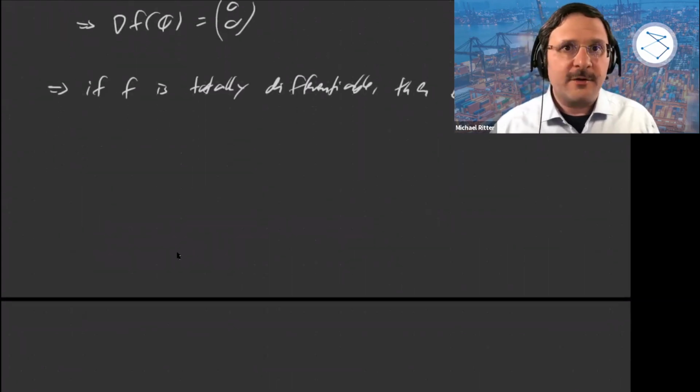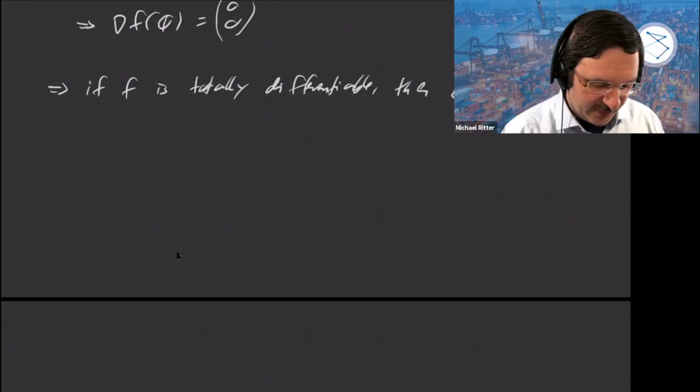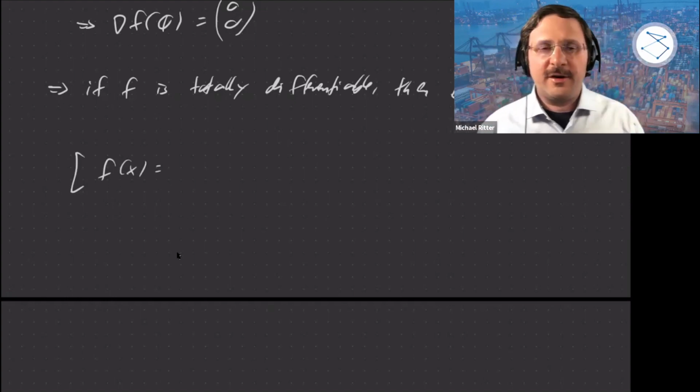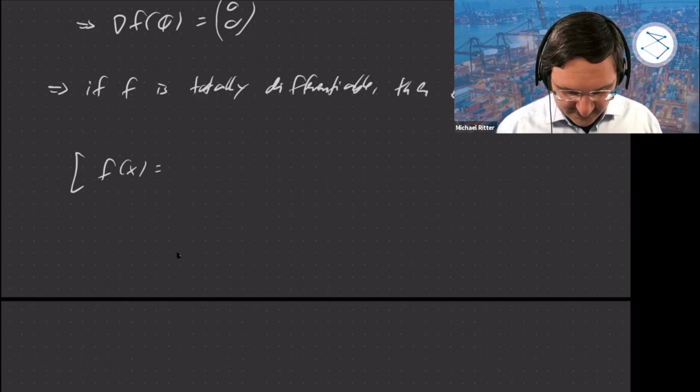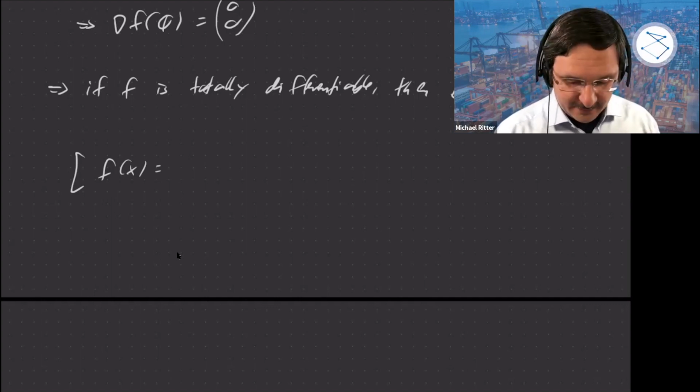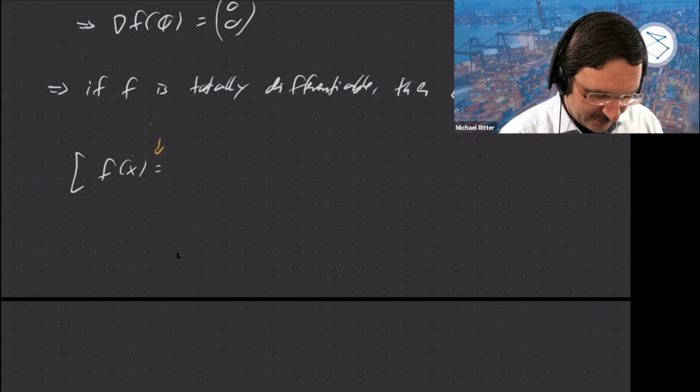And remember, totally differentiable basically means we can approximate f locally through an affine linear function, more precisely f of x around 0. I'm doing this around 0 now.